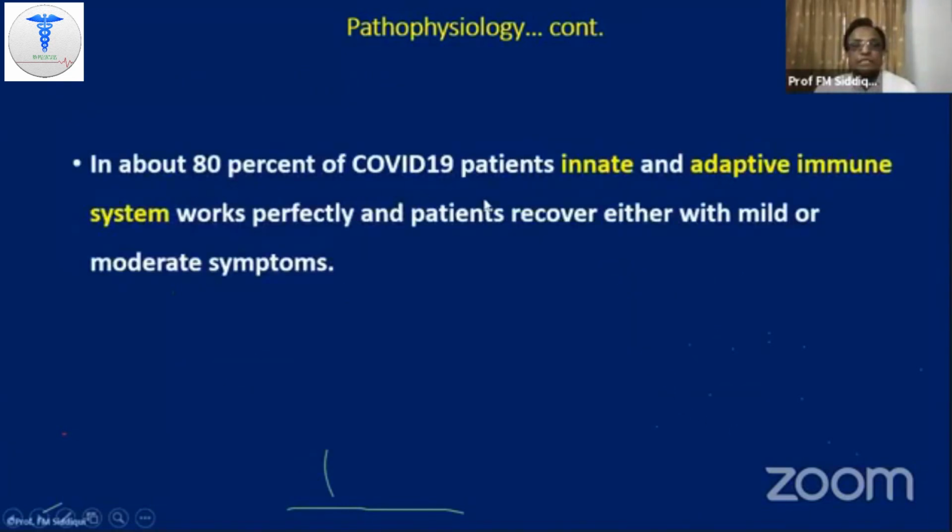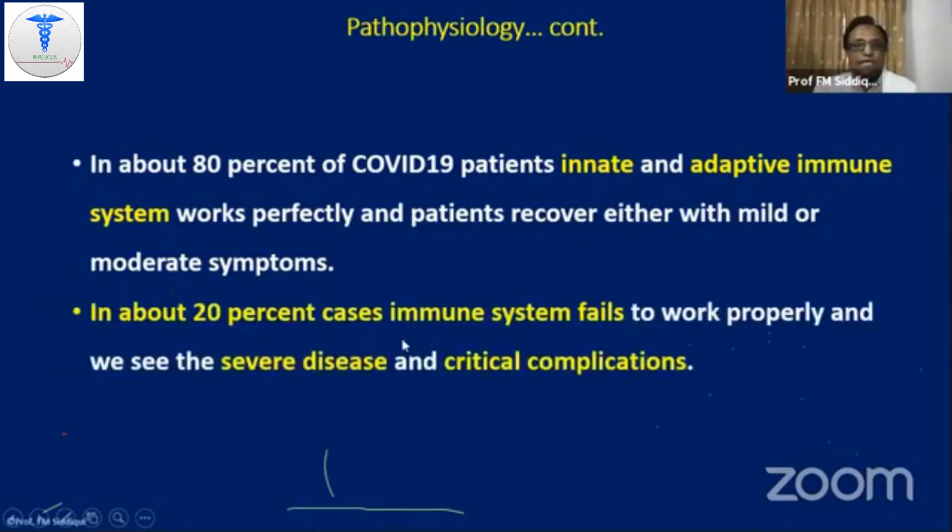In about 80% of COVID-19 patients, the innate and adaptive immune systems work perfectly and patients recover with either mild or moderate disease. As you can see, the disease has been taken under control by the body's own system. But unfortunately, in 20% of cases, the immune system fails to work properly. And that's why we see severe disease and critical complications.